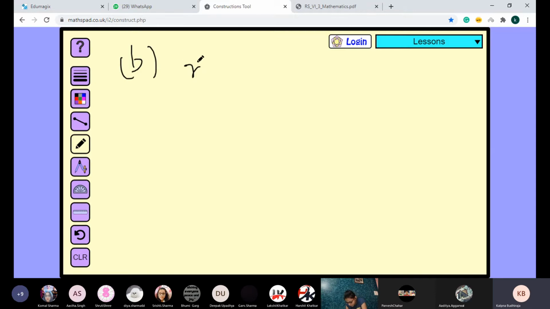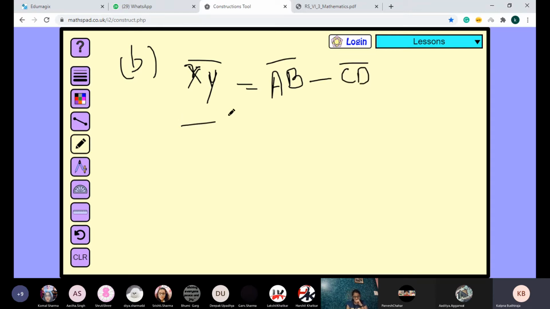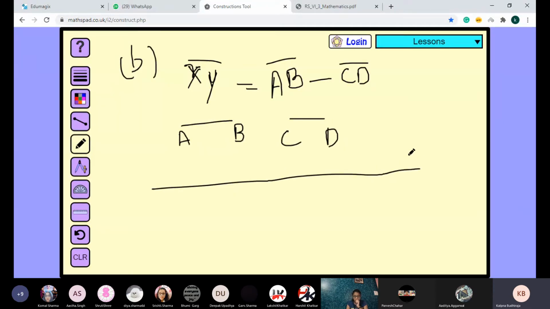You have to construct line XY such that it is AB minus CD. There is no need to draw again; use the AB and CD you drew initially for this question. I am giving you just the rough idea.